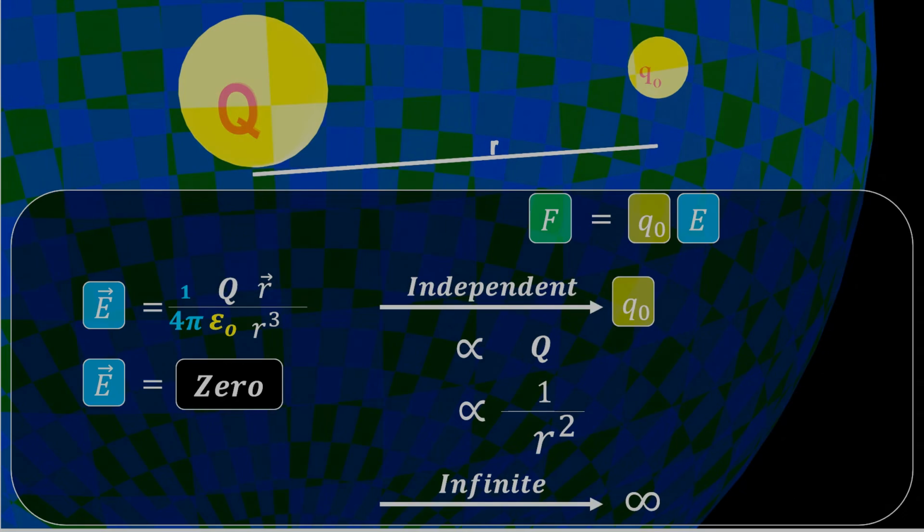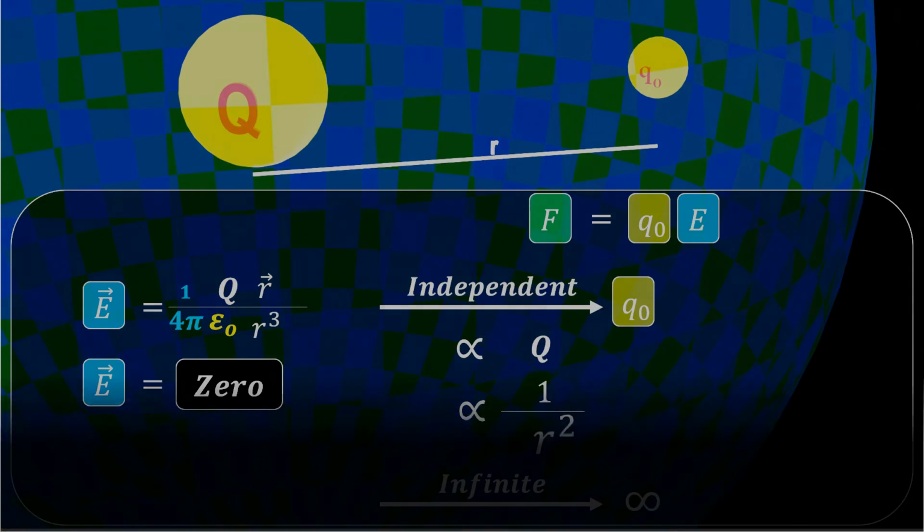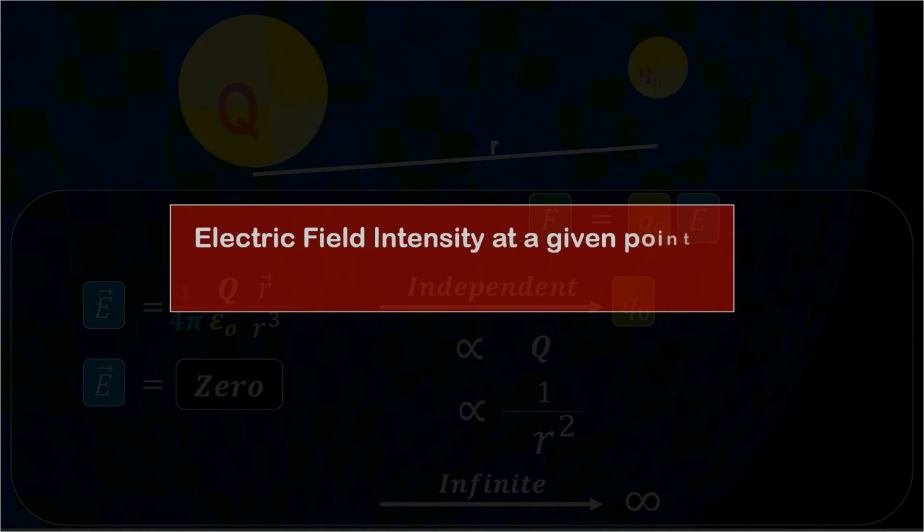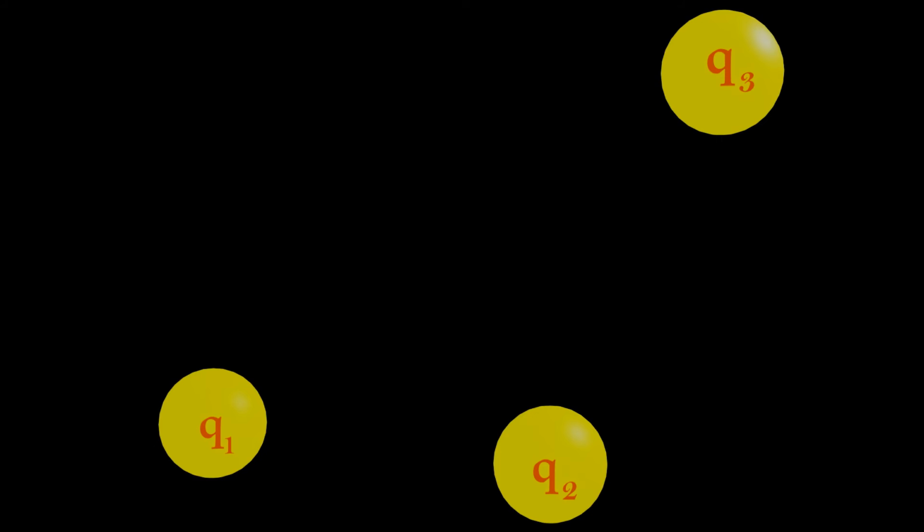Here we were discussing how a charge creates an electric field around itself and how we can use a test charge to measure the electric field intensity at a given point. Now let's understand how we can determine the electric field intensity at a given point due to multiple charges. Let's say we have three charges, Q1, Q2 and Q3. To measure the electric field intensity at point P due to these charges, we will place a positive test charge Q0 at point P. When we move toward point P from Q1, we will denote this displacement by a displacement vector Rp1.